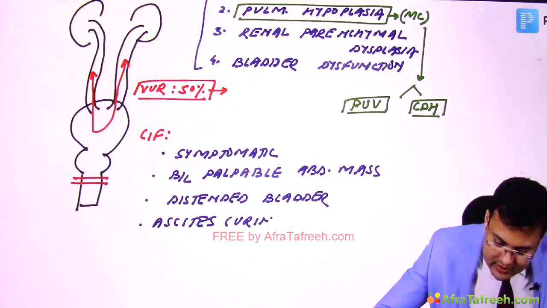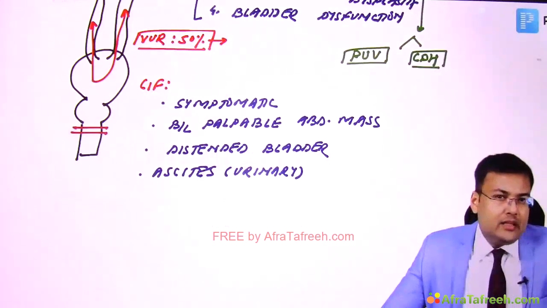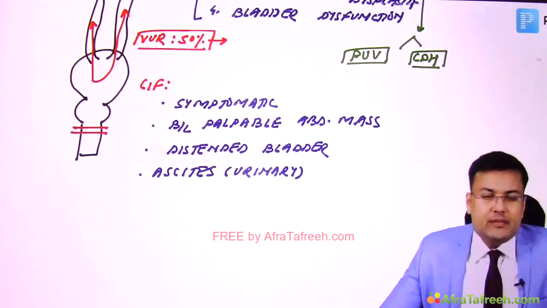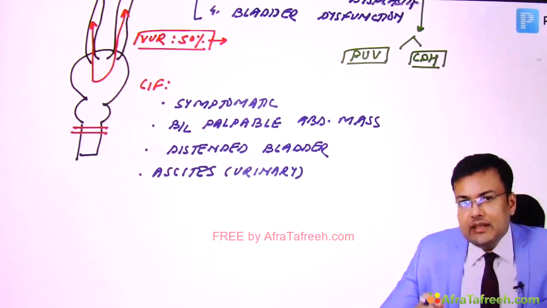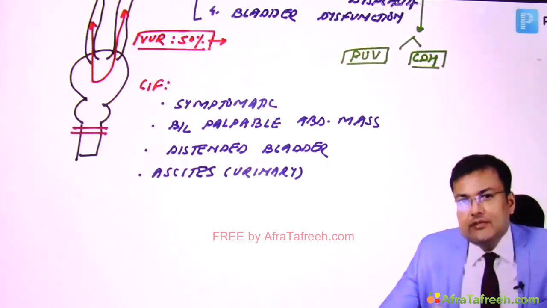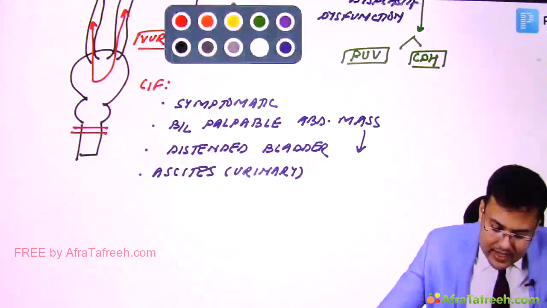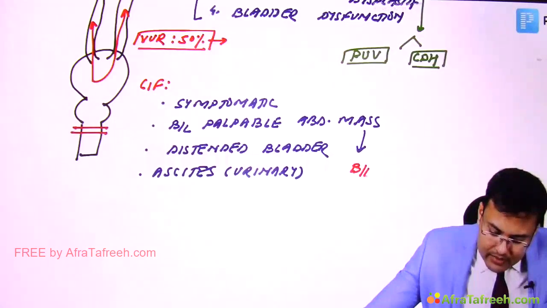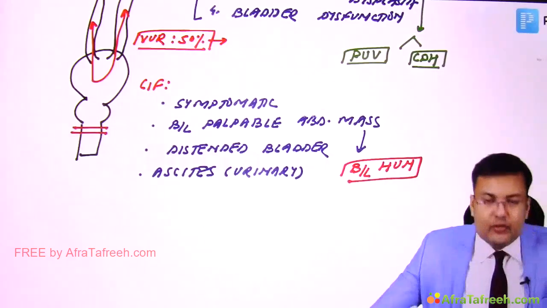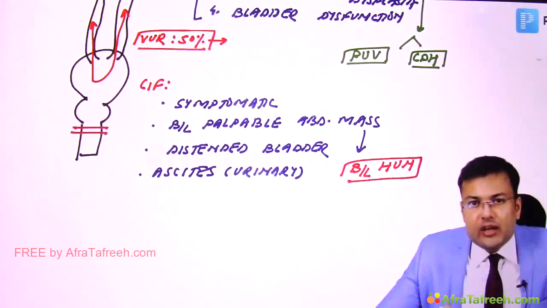These patients have vesicoureteric reflux, so they have an increased risk of UTI or infections. The bilateral palpable intra-abdominal mass is because of bilateral hydroureteronephrosis, and you can easily detect this on ultrasound.